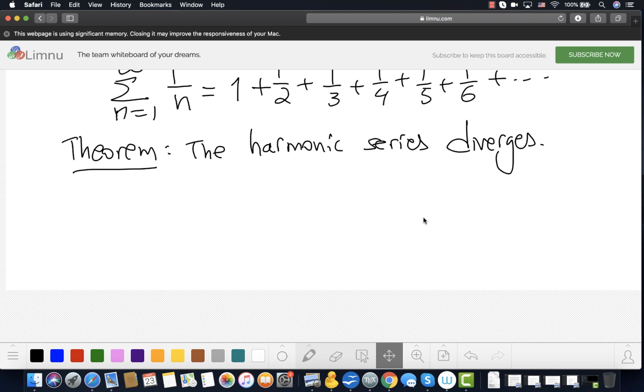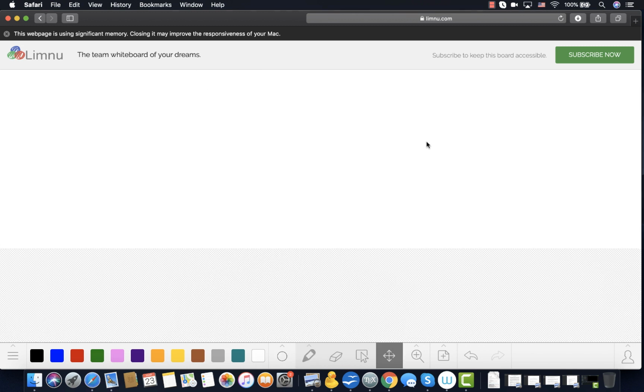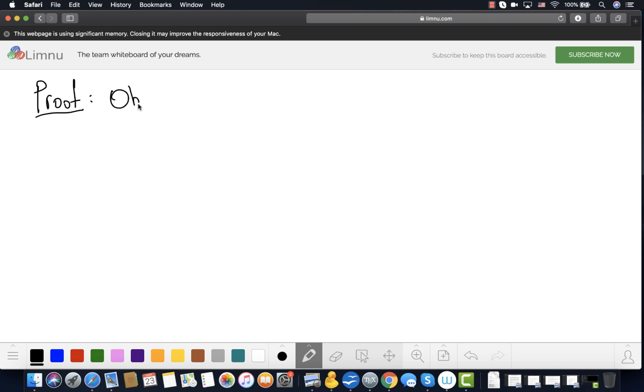Okay, so let me prove it to you. In the book you can find at least 2 proofs, and this is one of them, sort of the standard proof. And it's a really neat idea. It's about cleverly grouping terms together. Okay, so here's what we're going to do. So observe that.